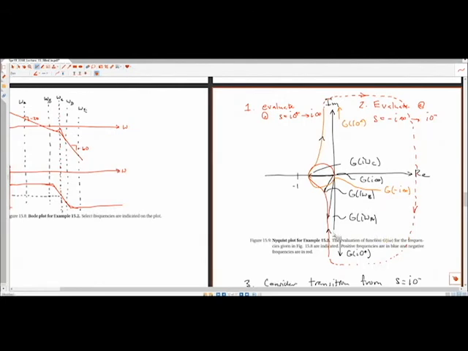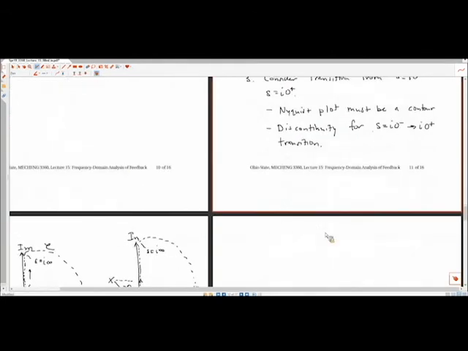So if K is greater than some K critical, when we evaluate Z equals P minus N, P is still 0, since we haven't changed the open loop system at all.